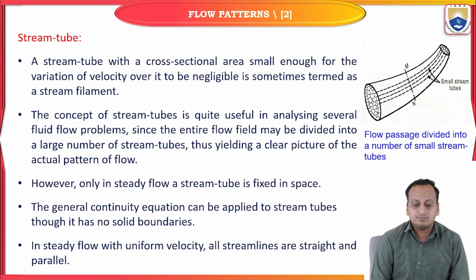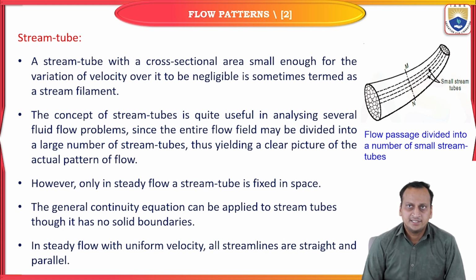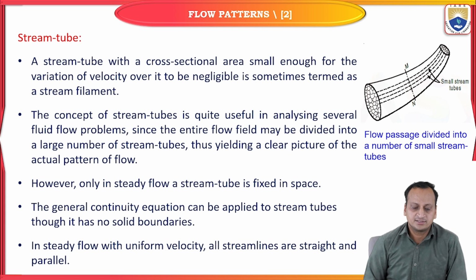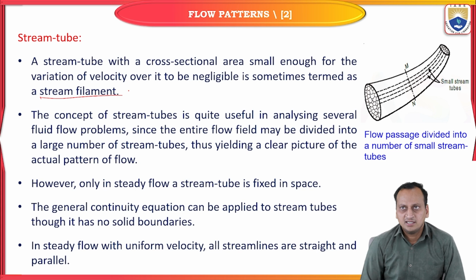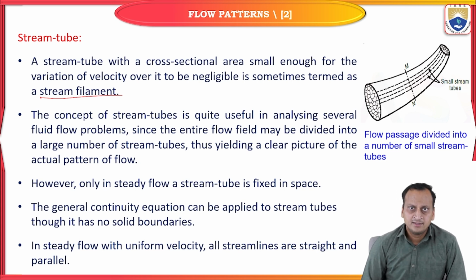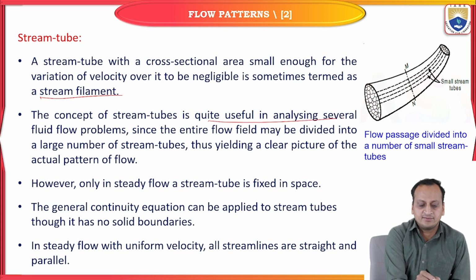A stream tube with a cross-sectional area small enough for the variation of velocity over it to be negligible is sometimes termed a stream filament. As the velocity variation is considered negligible, it can be called a stream filament. The concept of stream tubes is quite useful in analyzing several fluid flow problems, since the entire flow field may be divided into a large number of stream tubes, thus yielding a clear picture of the actual pattern of flow.